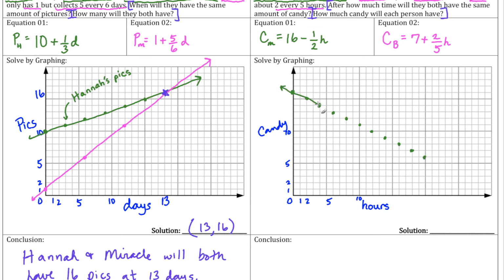Okay, so let's see what we can do as far as this. Okay. Well, that's supposed to be there. But this is Michael's candy. Now I can make that a little better.